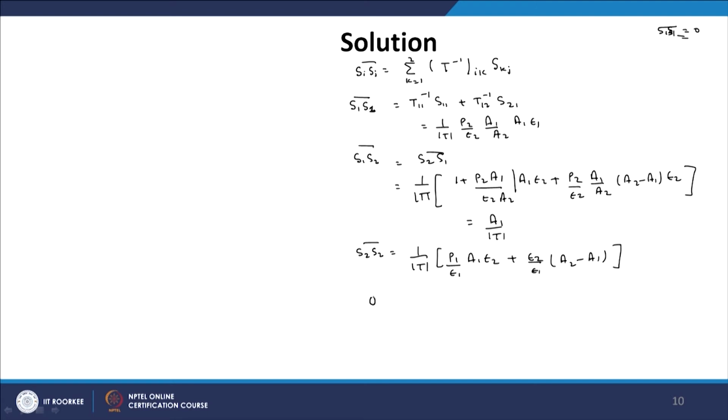So the heat flux: Q1 is equal to A1 Q1 is equal to S1S2 (EB1 minus EB2), and this will be equal to, in non-dimensional form, Q1 upon sigma (T1 power 4 minus T2 power 4) is equal to 1 by (1 upon epsilon 1 plus A1 by A2 times (1 upon epsilon 2 minus 1)).